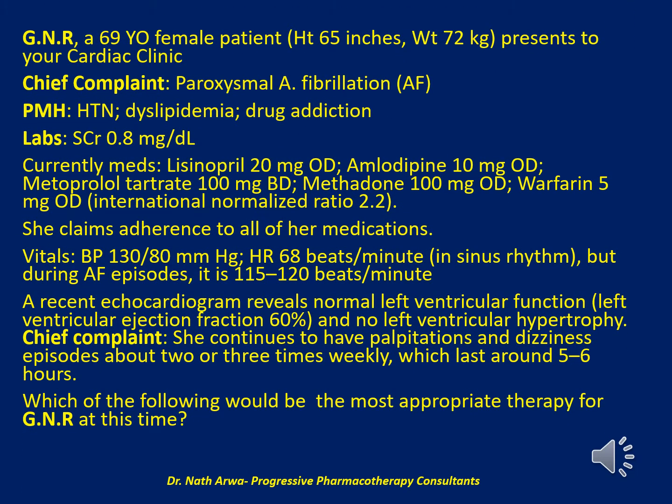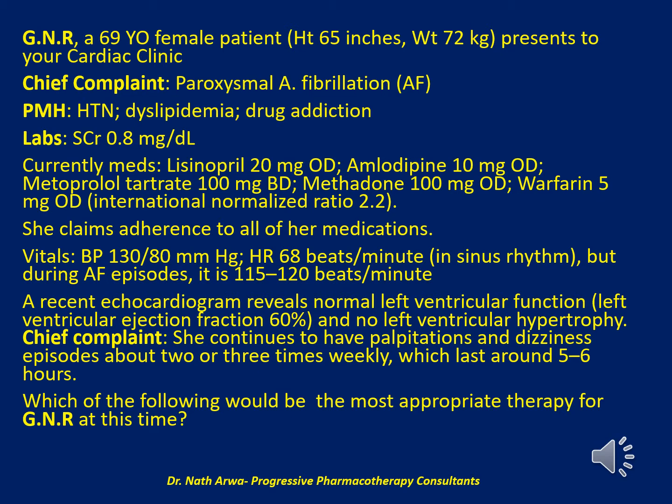And the next question reads, GNR is a 69-year-old female patient whose height is 65 inches, and weighs 72 kg. She presents to your cardiac clinic. Her chief complaint is paroxysmal atrial fibrillation. She has a past medical history significant for hypertension, dyslipidemia, and drug addiction.